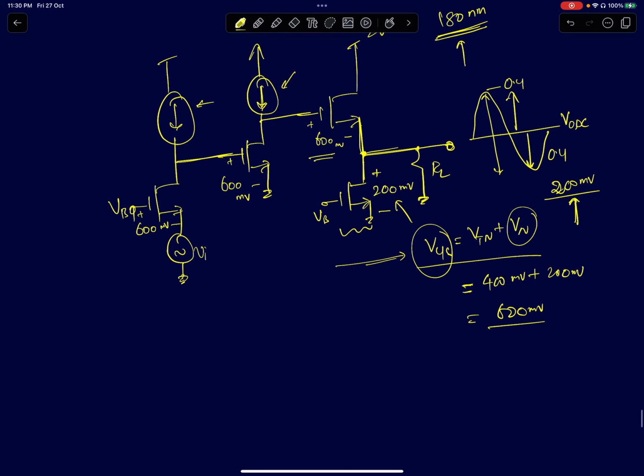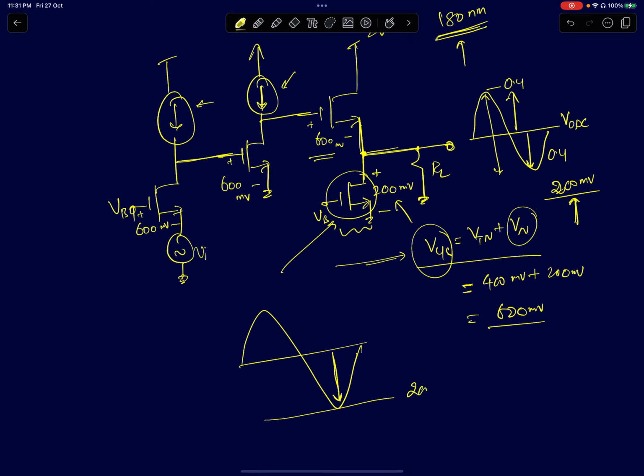As the output node is swinging, when the output node goes lower, I have to worry about the lower transistor going out of saturation. Let's assume 200 millivolts is ideally sufficient, but let's give a 100 millivolt margin, an approximation, so that you don't push this device into the linear region under any circumstance.